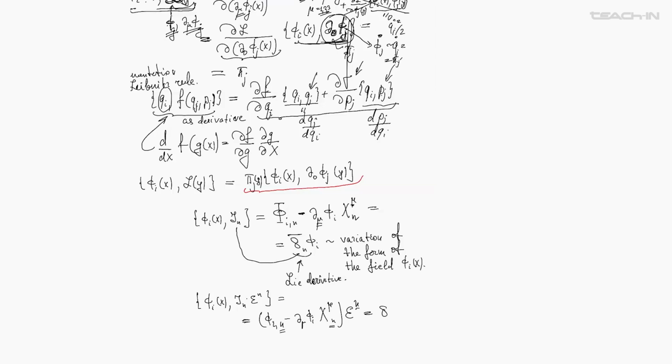So that's exactly the infinitesimal variation of the form we had in our Noether theorem. And this is exactly what I meant by the statement that infinitesimal symmetry transformations are generated by the conserved Noether charges with respect to the canonical Poisson structure we have.